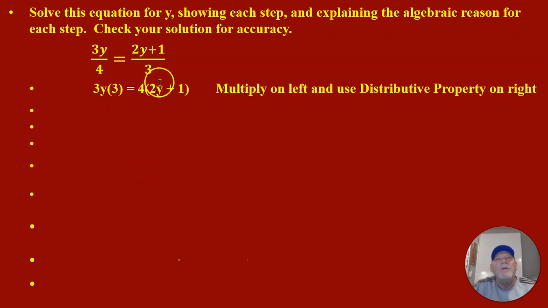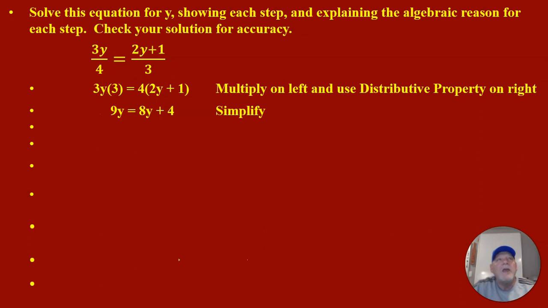So I take the equation and I cross multiply. So you take the 3y times the 3 equals the 4 times, you have to put in parentheses because that's a quantity in the numerator, 2y plus 1. So we're going to multiply on the left and use the distributive property on the right. 3y times 3 is 9y.